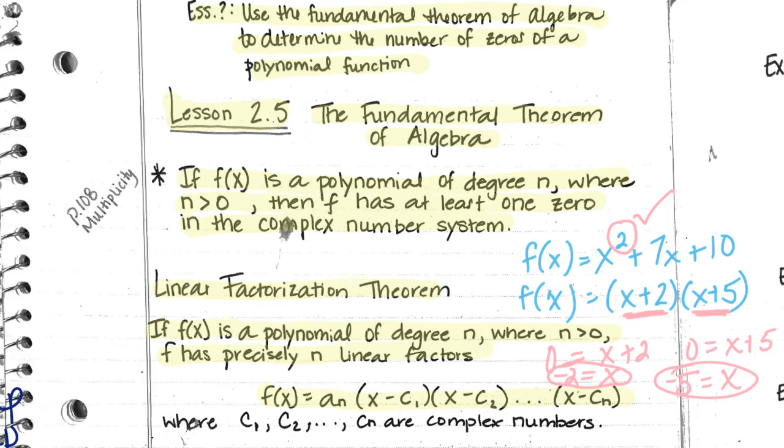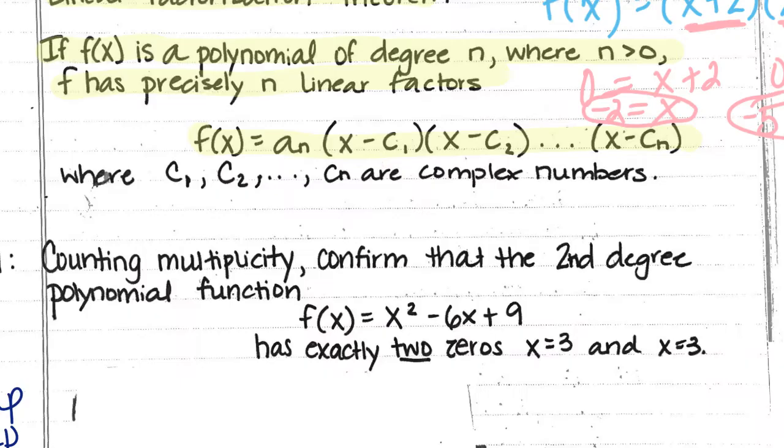Now, sometimes these zeros are not real numbers. They are imaginary numbers, and we'll have to watch for that. So the first question is asking us to do just that. Counting multiplicity, confirm that the second degree polynomial function f of x equals x squared minus 6x plus 9 has 2 zeros, x equals 3 and x equals 3.